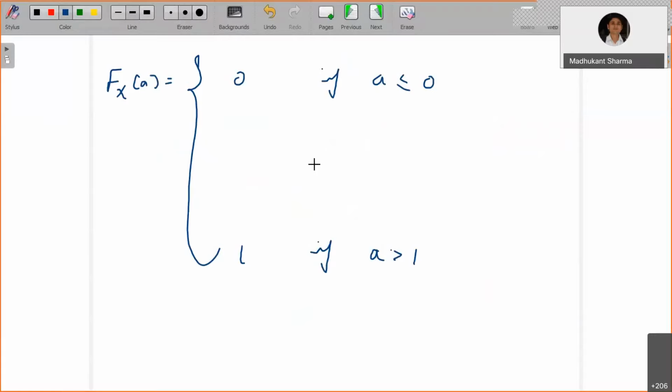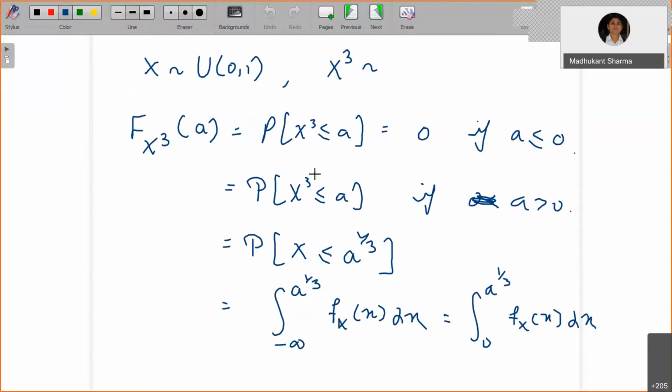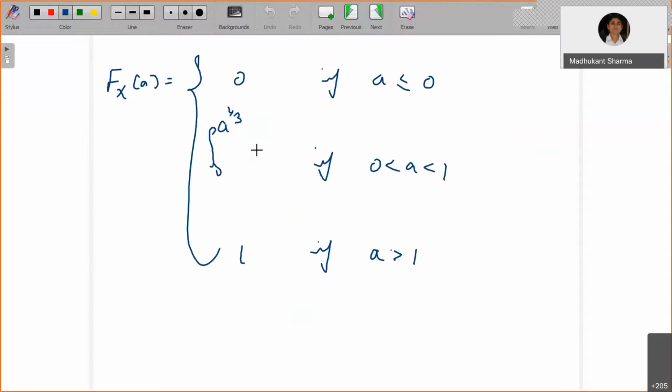Now if a is between 0 and 1, a to the power 1 by 3 is less than 1, so that's going to be the integration from 0 to a to the power 1 by 3 of dx. So the integral value I can replace by a to the power 1 by 3. You can see that this is going to be differentiable.